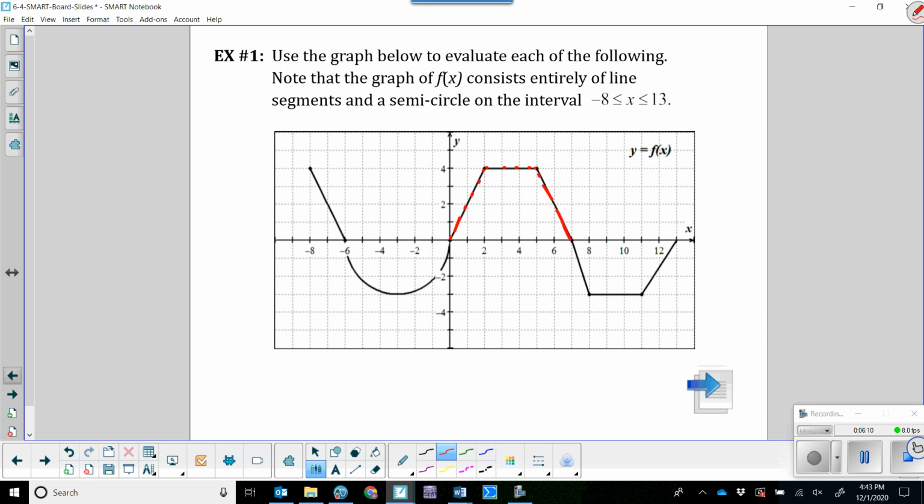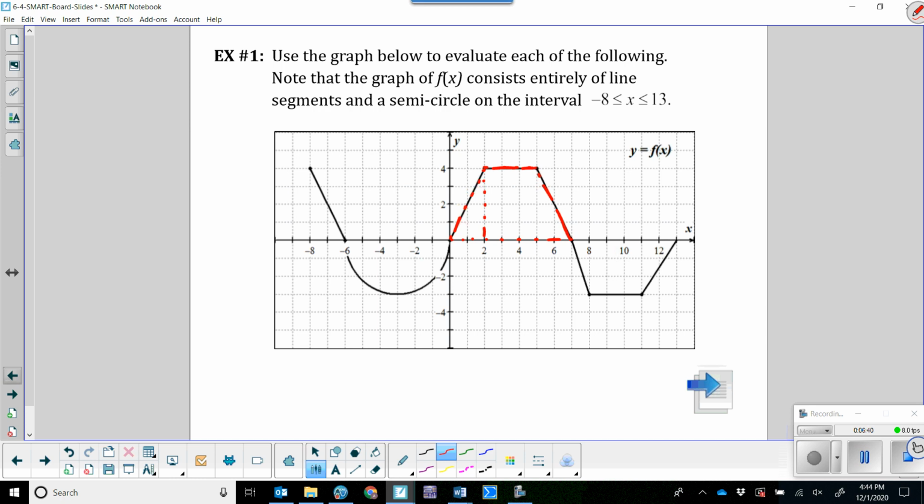Well, that area could be found in a couple of different ways. The easiest way here probably would just be to do a trapezoid. So here in the trapezoid, this would be one of your bases, and this upper part would be your other base, because those are the parallel parts. Your height, you can see, because you do perpendicular distance. So we can just do 1/2 height times base 1 plus base 2.